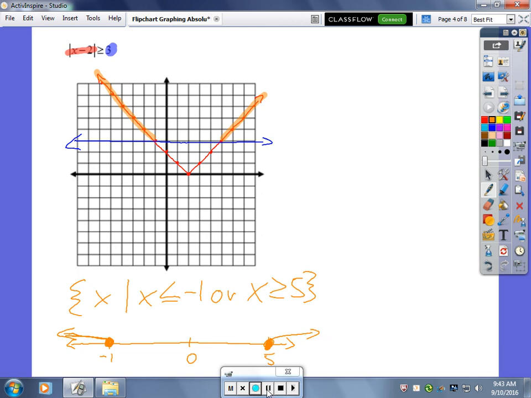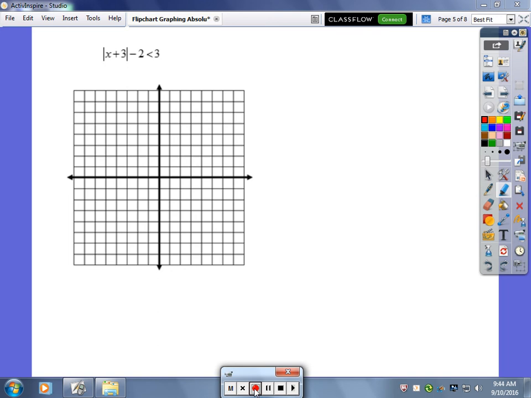And let's look at our next example. Again, we could solve this by first making a little change, moving the 2 to the other side by adding it, but we can equally just go ahead and graph right away. Our left section is an absolute value function where the vertex is at -3 and -2.